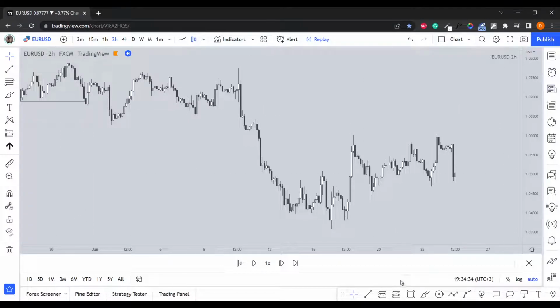So what we want to see right now is that we had some kind of bullish push in this part of price action.